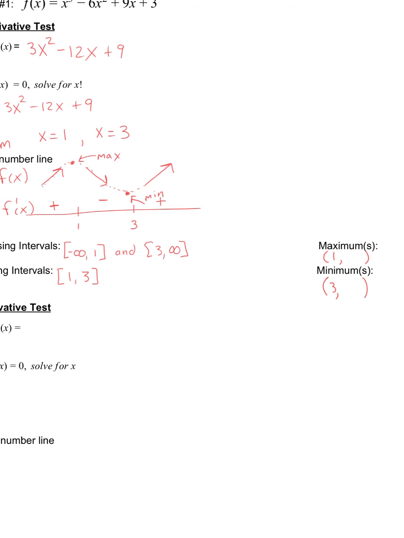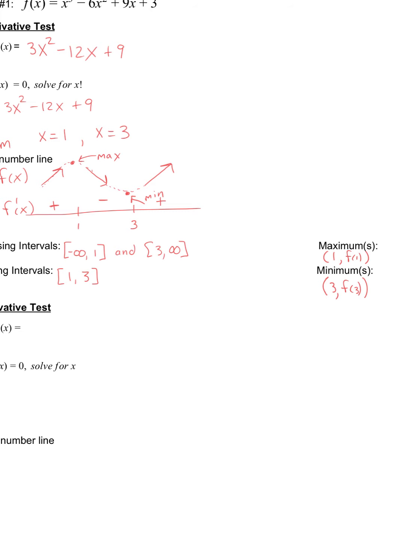Now, to find these y values on our max and min, remember, it's increasing and decreasing up here on the original function. So we plug these into the original function. We need f of 1 for the y value for the maximum, and we need f of 3.